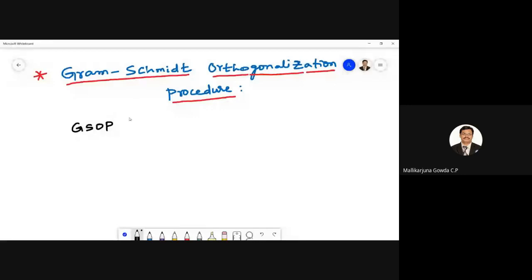So it is used to determine a finite set of n orthonormal functions.